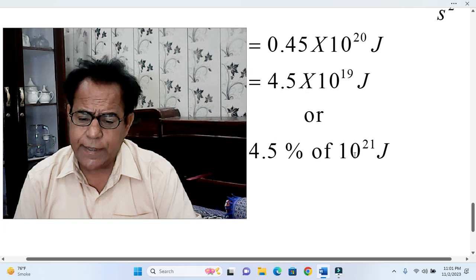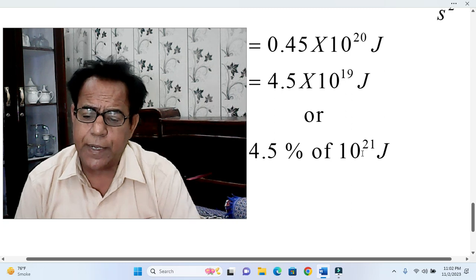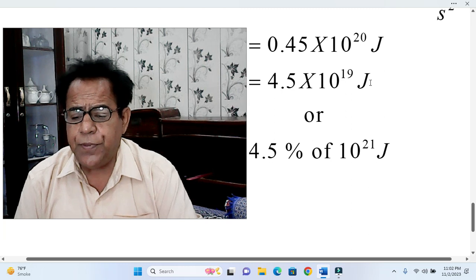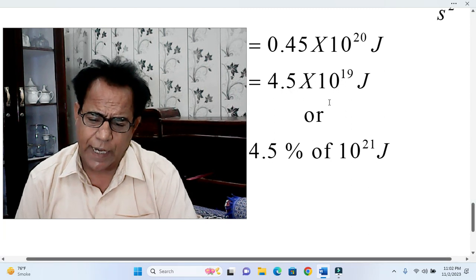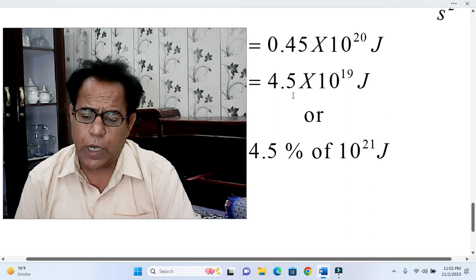So, dear students, between 10 raised to the power 19 and 10 raised to the power 21 there is a difference of 100. So we will arrange this setup so that our result becomes 4.5% of this.